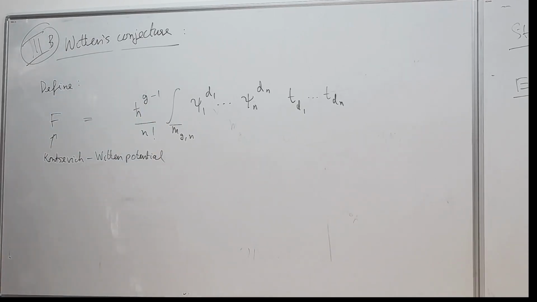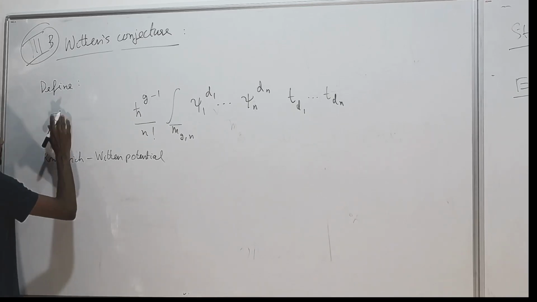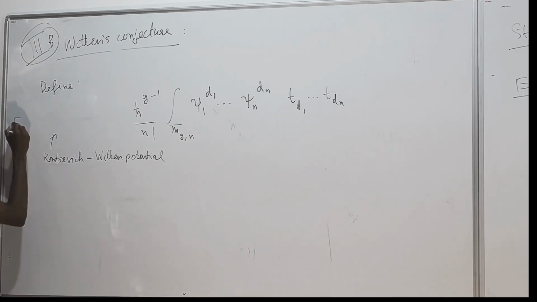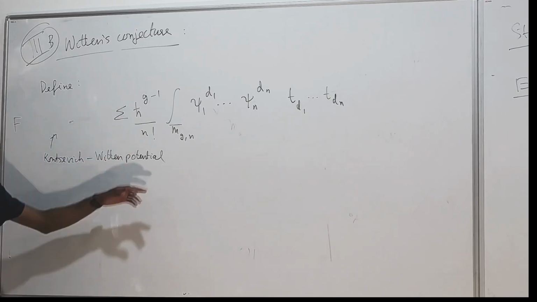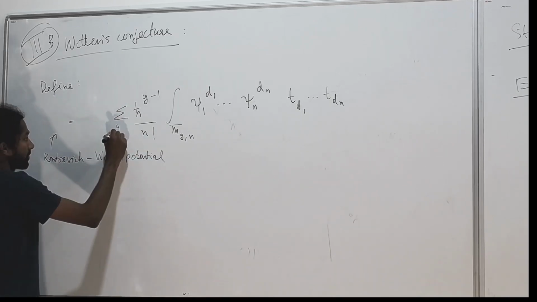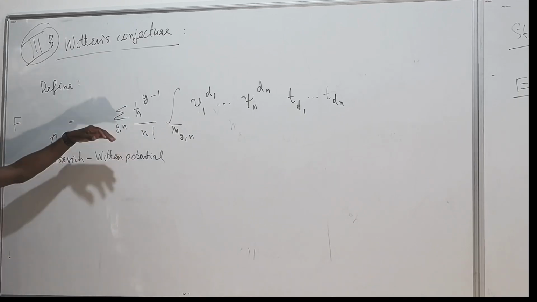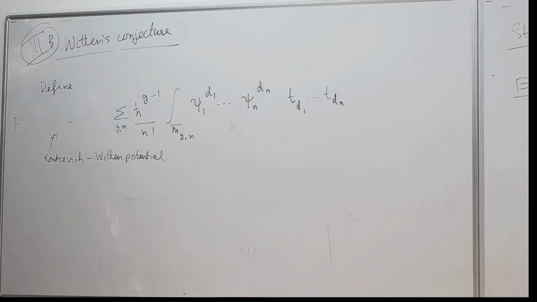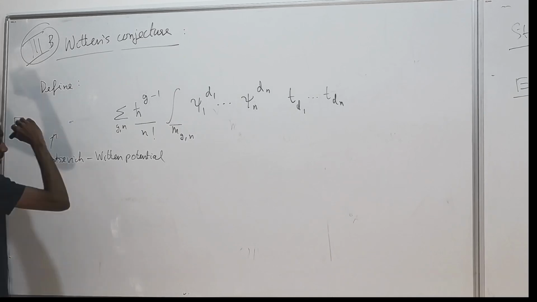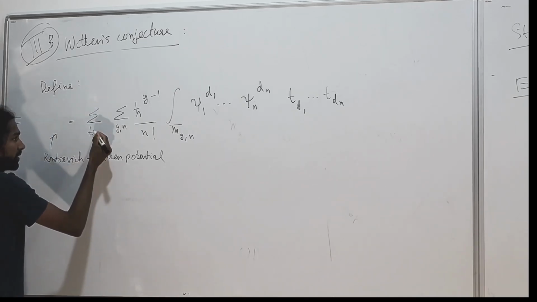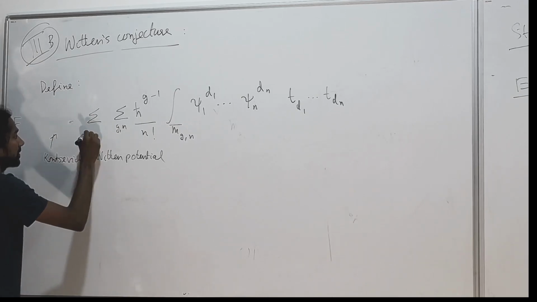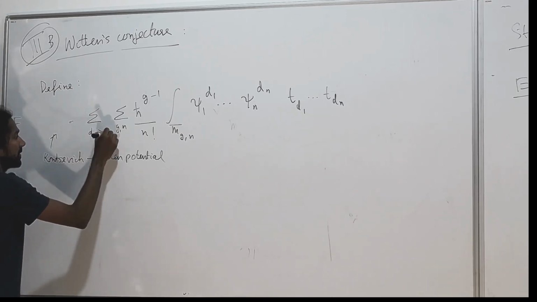And then I sum. And then I sum over all stable g and n. I write g, n, but I always have 2g minus 2 plus n is positive. And then I sum over all the d_i's that are greater than or equal to 0.